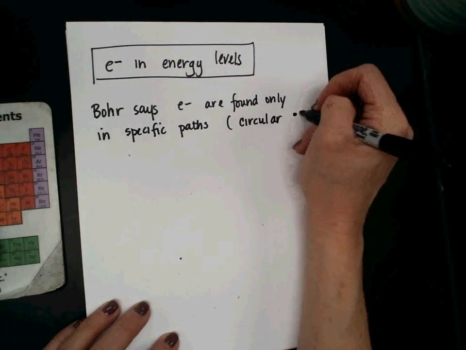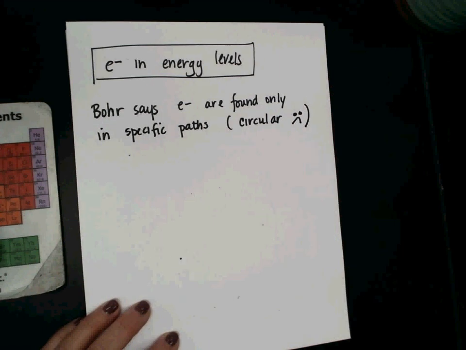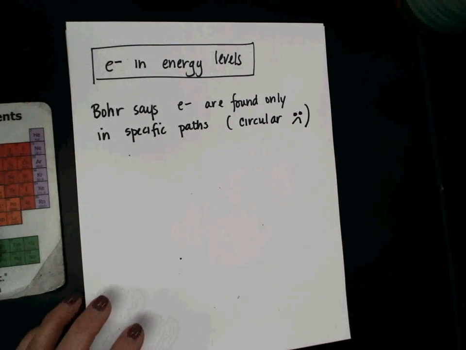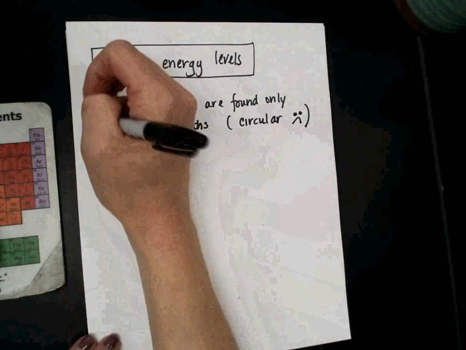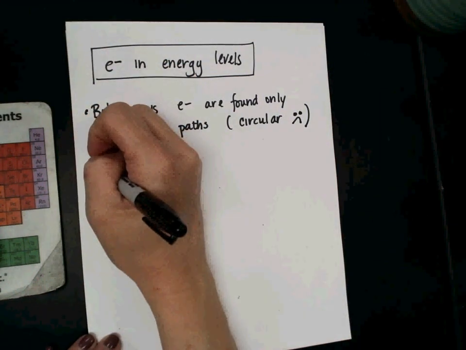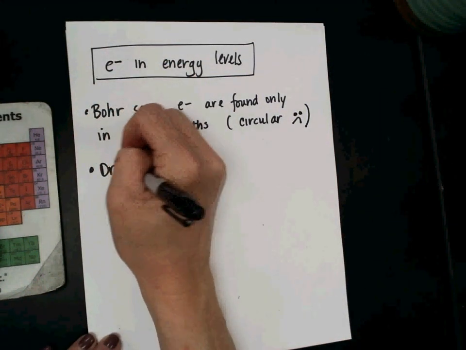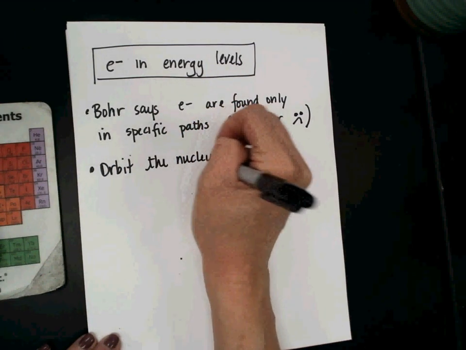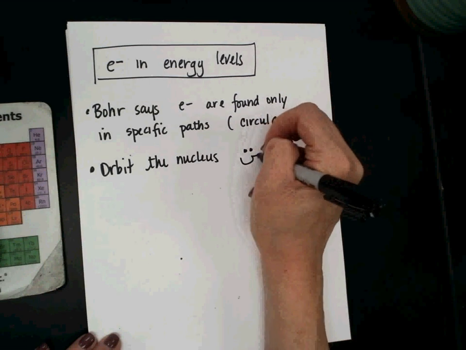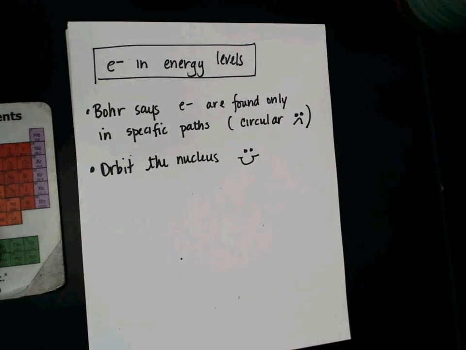I'm going to put a sad face here because he was wrong. He was right about one energy level, but all of the rest of them he was wrong about. He did say they orbit the nucleus. That was correct. He got that one right.